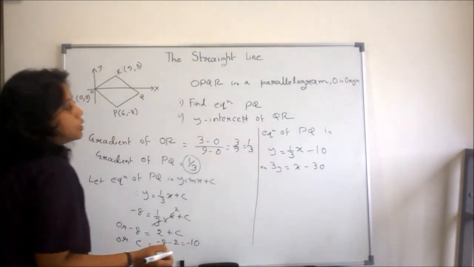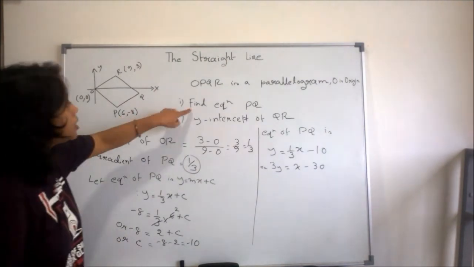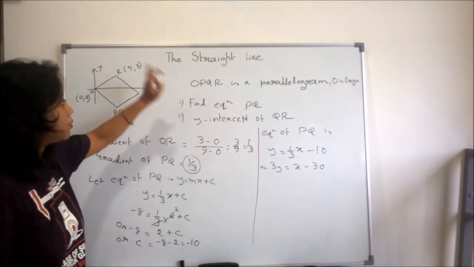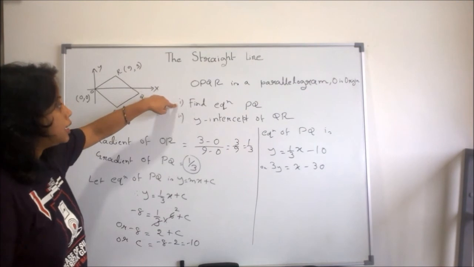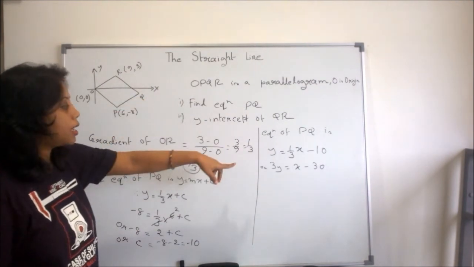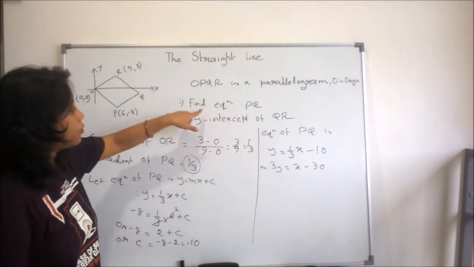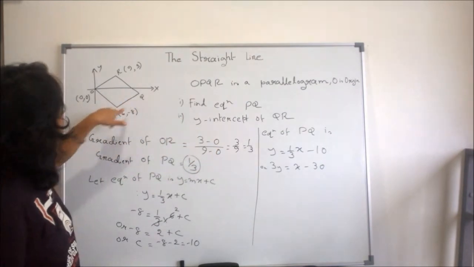Okay, so this is the equation of the line PQ. So the first part is solved here. We have already found the equation of the line PQ.